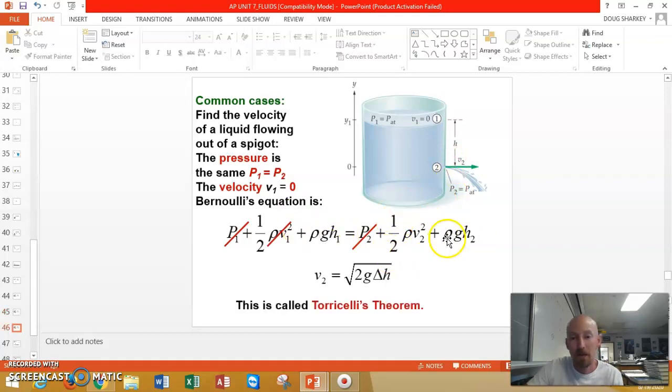And when we do the mathematics, you get V2 is going to be equal to the square root of 2g delta h. This is h2 minus h1. This looks very similar to something else that we did not too long ago.